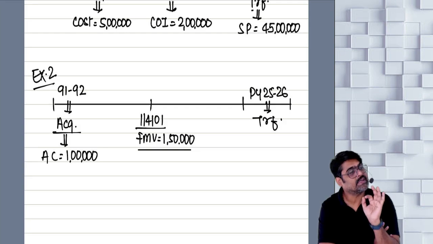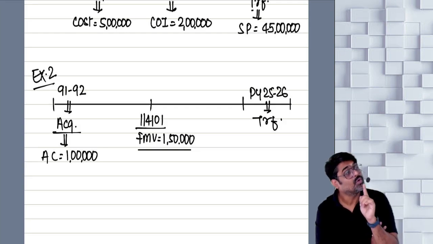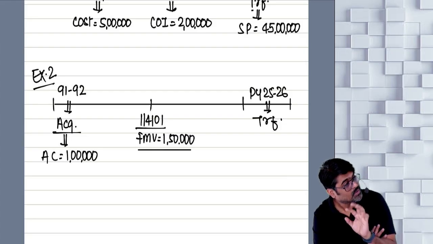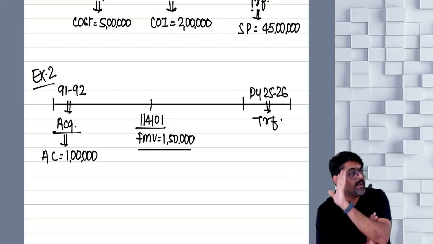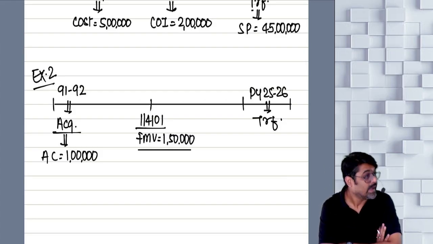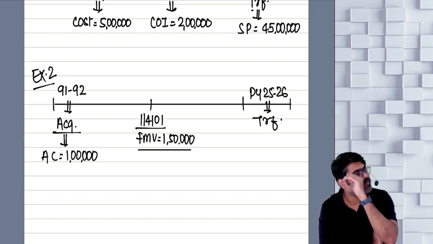That takes care of everything done prior to 1st April 2001. Whatever inflation has taken place from 91-92 to 2001, all that inflation is already covered in the fair market value. And if any improvement is also done, it will be taken care of by this fair market value only.